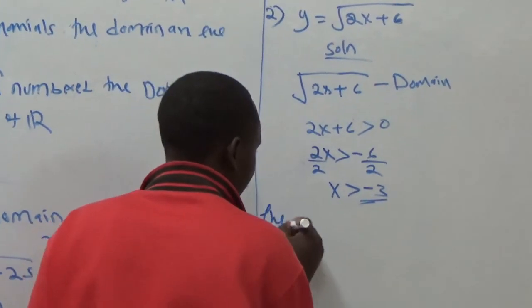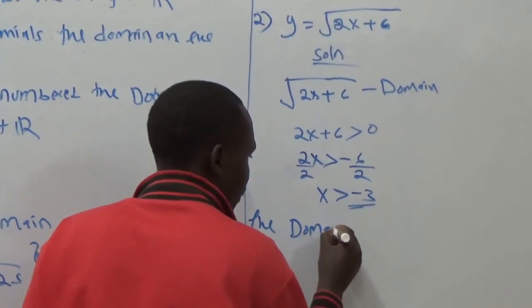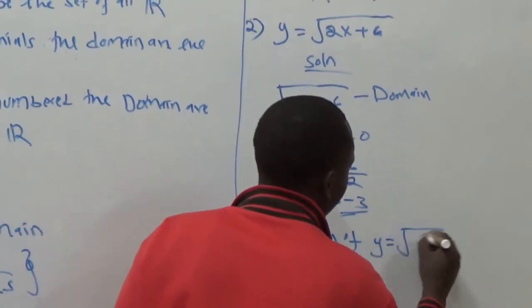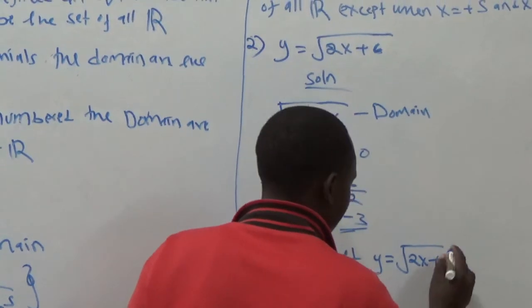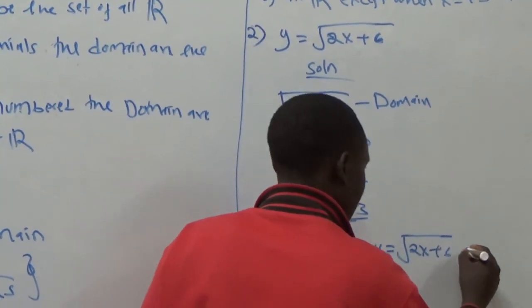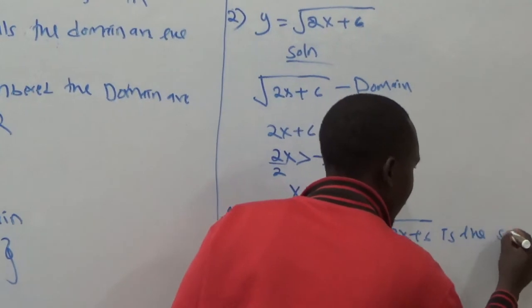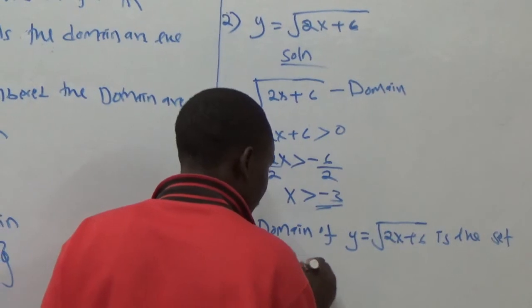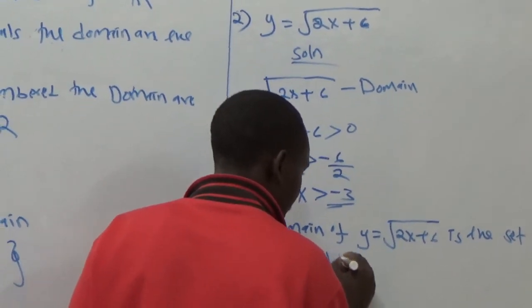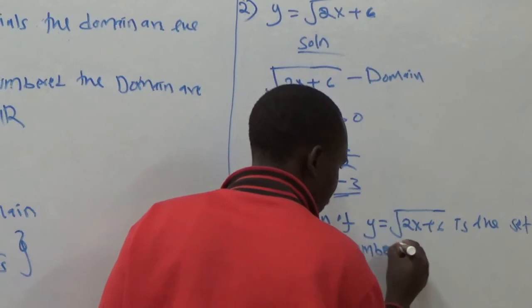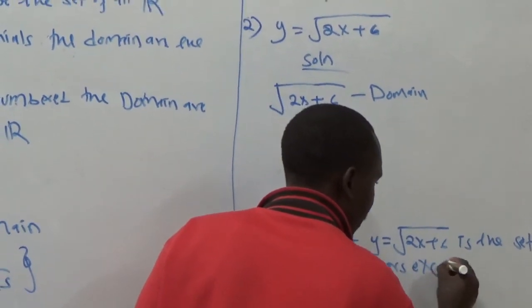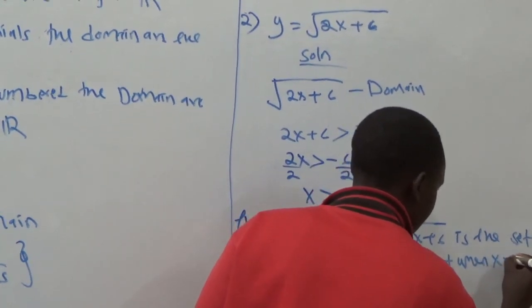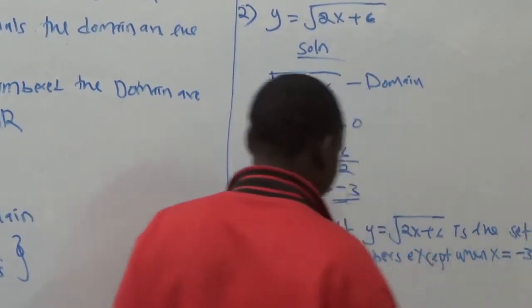Meaning, the domain of y equal to the root of 2x plus 6 is the set of all real numbers except when x equal to negative 3.